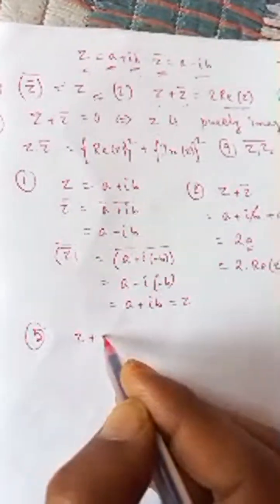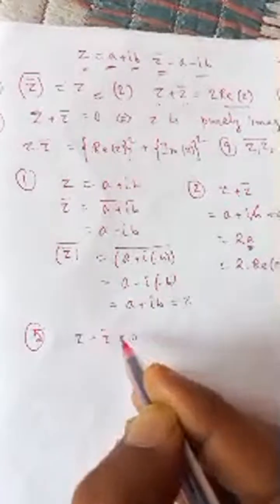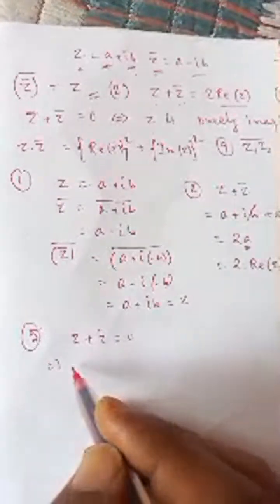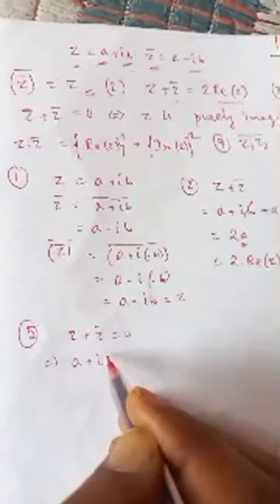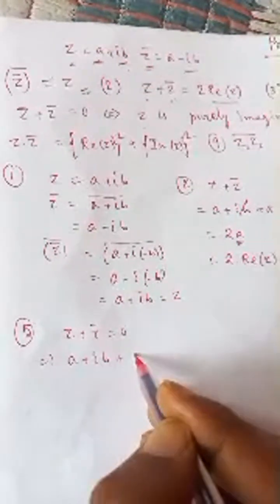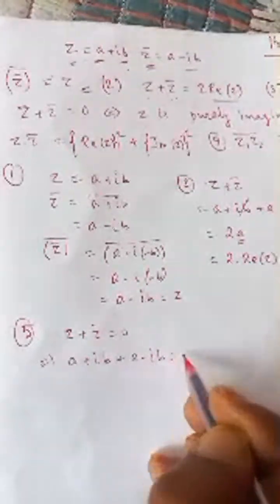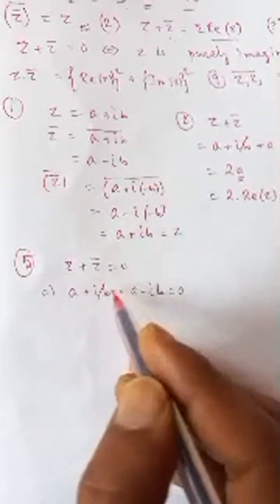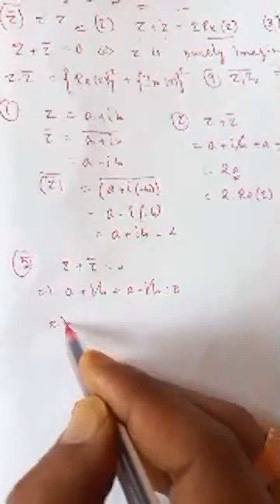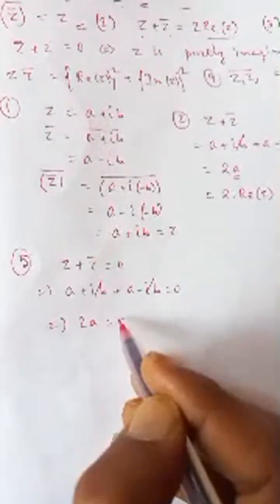Z plus Z bar is equal to 0 implies that a plus iota b plus a minus iota b is equal to 0. So iota b cancels each other, and we have 2a is equal to 0.